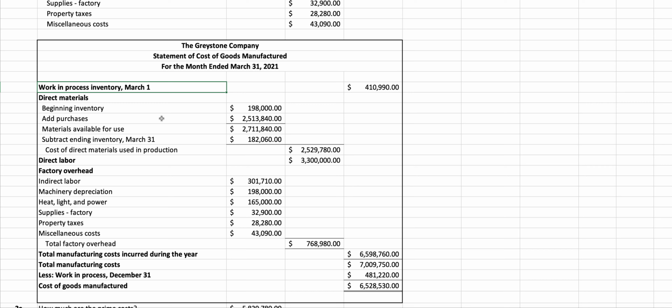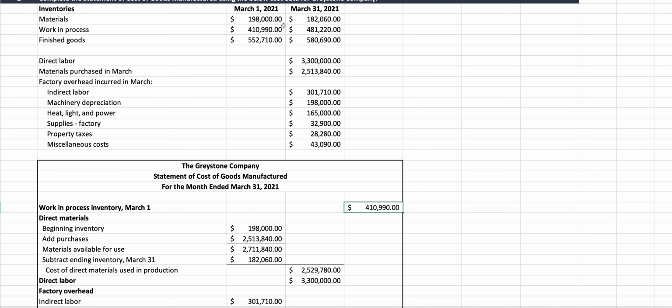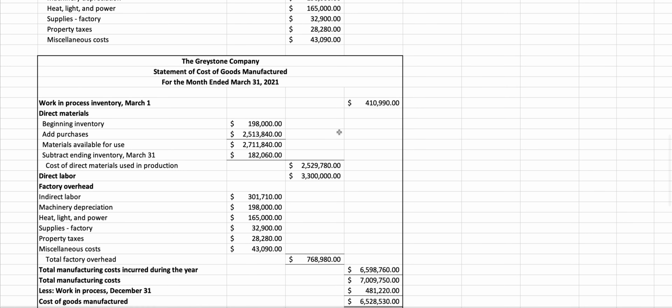So basically, if your employees came in and went to their workstations, they would see that there is about $410,000, almost $411,000 worth of inventory that's in process. And I got this number from the information provided, and you can see that right here. This is the work in process for March 1st. So that's the value of the work in process when your employees walk in on March 1st.